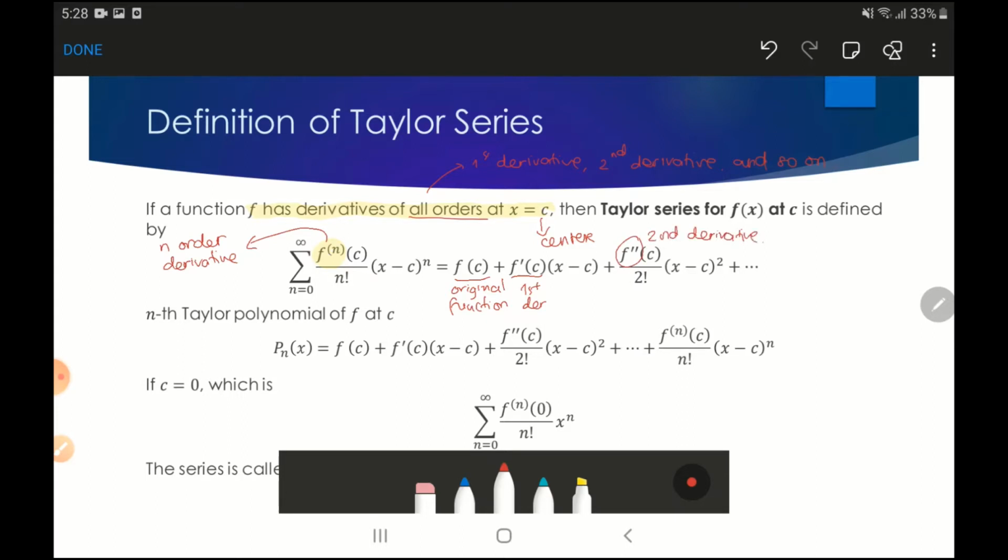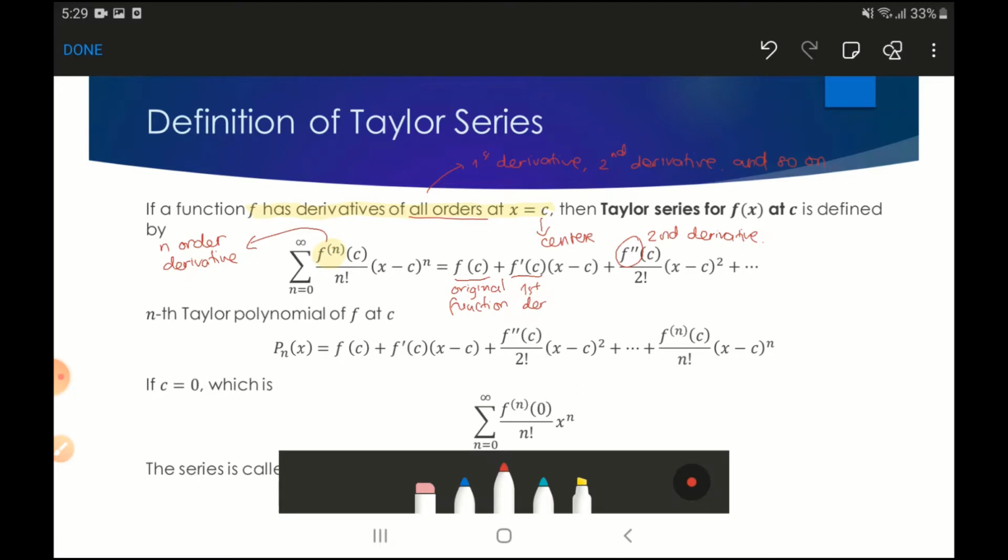We approximate by adding the values of the derivatives of all orders, and the orders will continue until infinity.